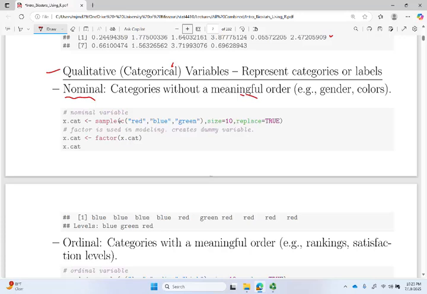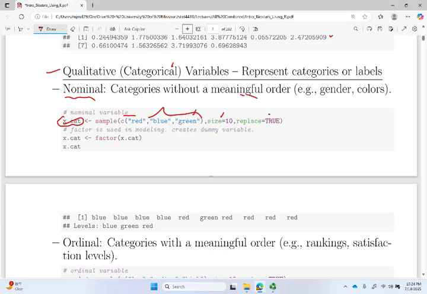So here we're going to sample 3 colors. Remember, the c is for concatenating, so that's a vector of length 3. We're going to sample 1, replace it, and keep doing this 10 times, and we store these in here. So what we've stored is categorical variables in the variable x.cat.